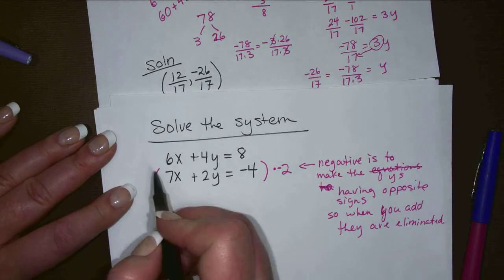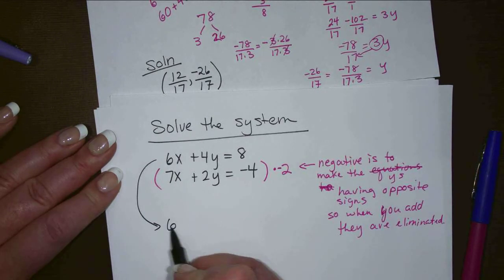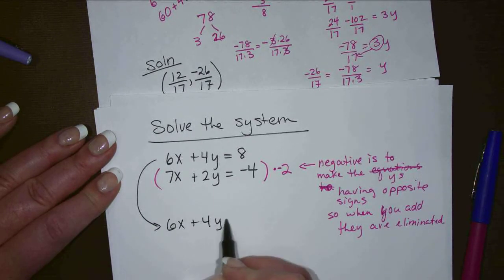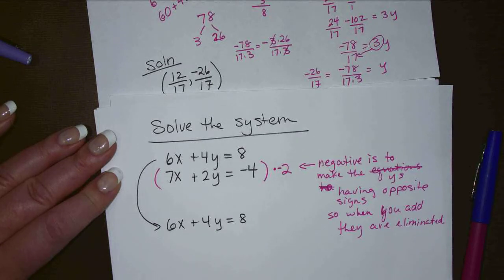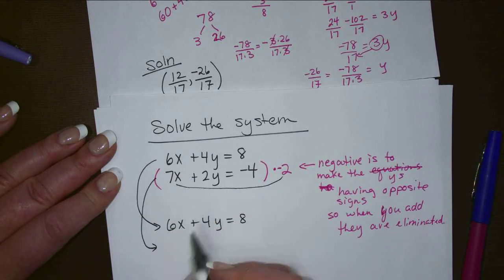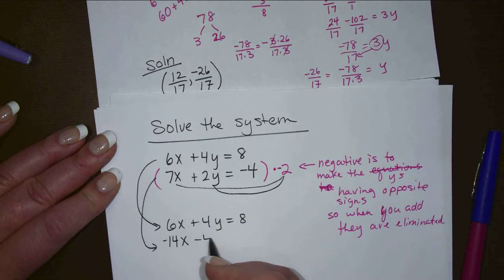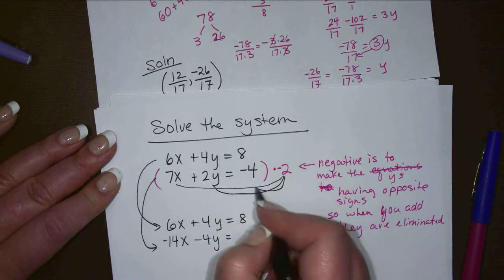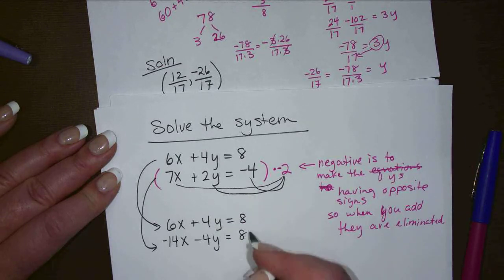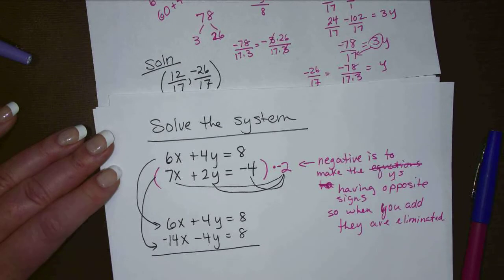I'm not changing the first equation, so I would just rewrite that. And then the second one, multiply by -2. So -2 times 7 is -14. -2 times 2 is -4. -2 times -4 is 8. Watch out for your signs.